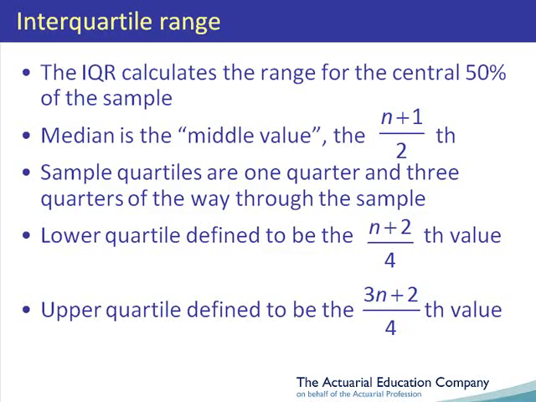Note that the median was the (n+1)/2th sample value, not the n/2th sample value. In the same way, the lower quartile is defined to be the (n+2)/4th sample observation, and the upper quartile is defined to be the (3n+2)/4th sample observation. To obtain these values, we will often have to interpolate between different values in the sample.